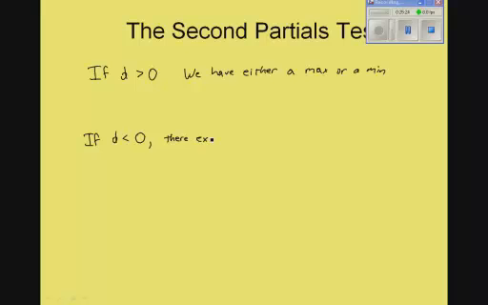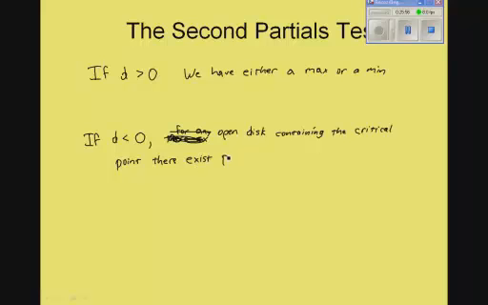For any open disk containing the critical point, there exist points (x1, y1), and so if I have, I guess I need to name the critical point.